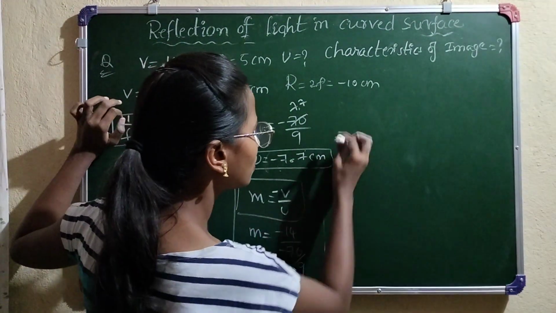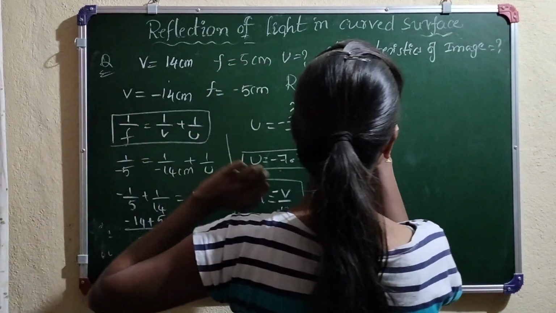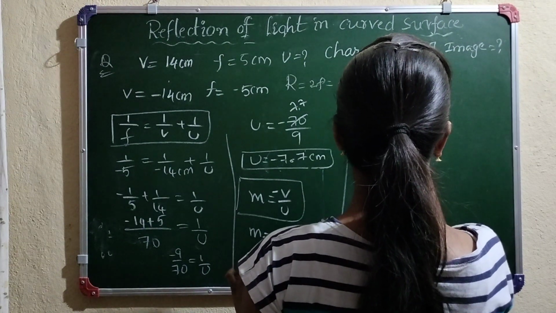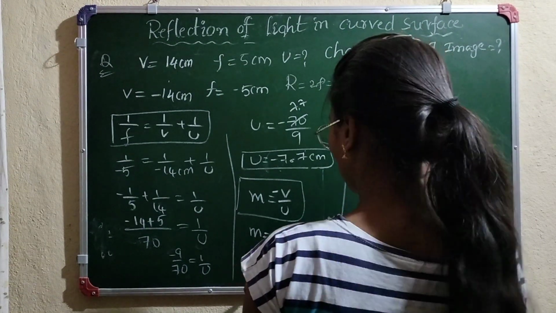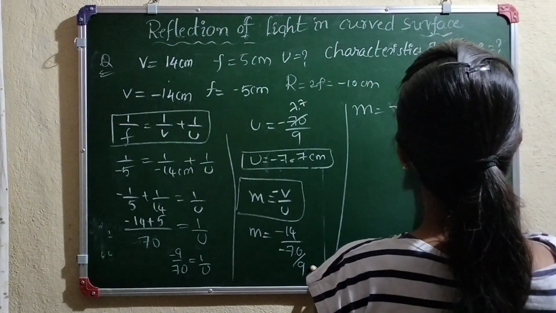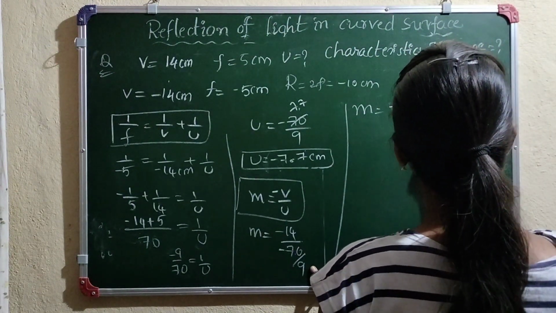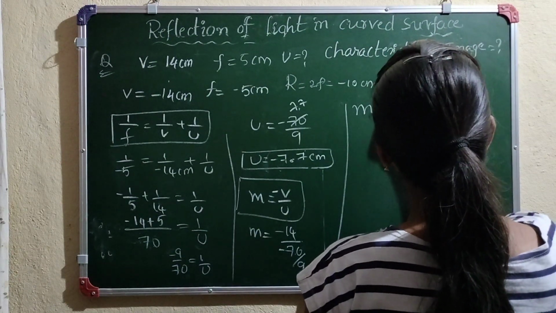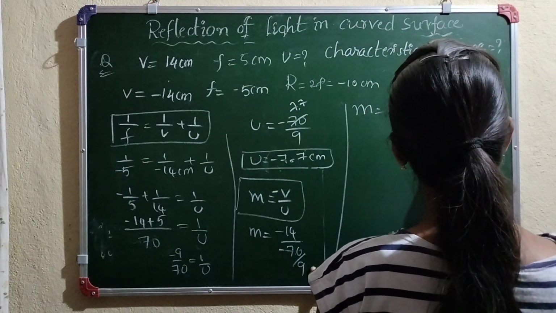So now m is equal to minus 14 into 70 by 9, meaning 9 by 70. So 7 twos are 14, 7 tens are 70, so 2 and 5 remain.